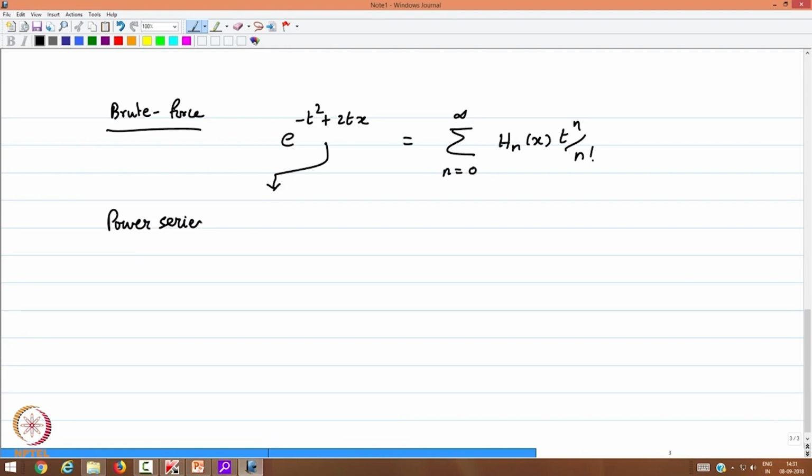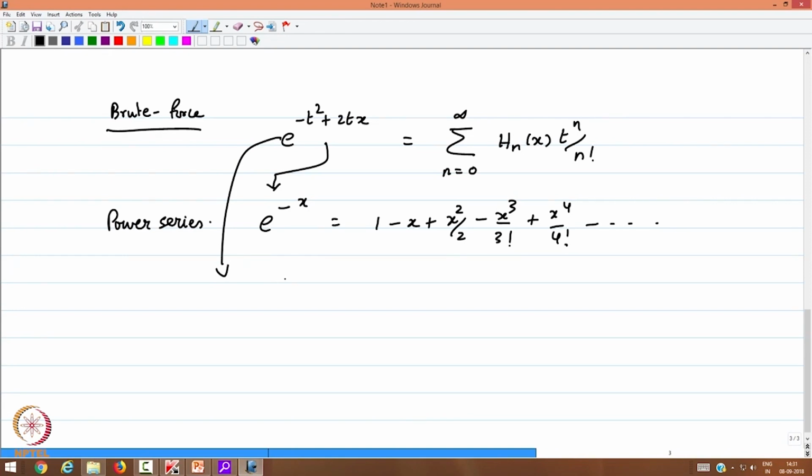like, you remember, exponential minus x is 1 minus x plus x square by 2 minus x cubed by 3 factorial plus x raised to 4 by 4 factorial minus and so on. That is exactly what we will do.